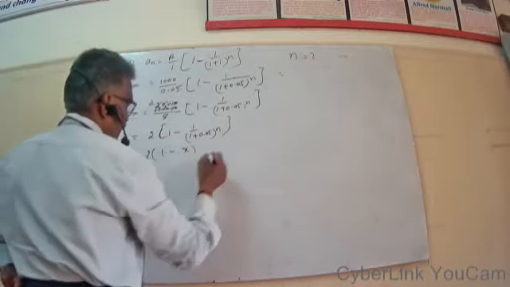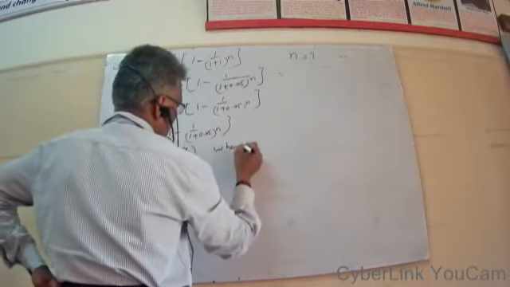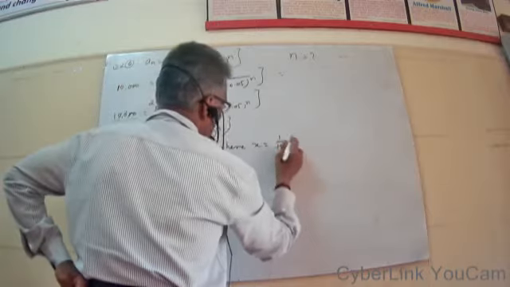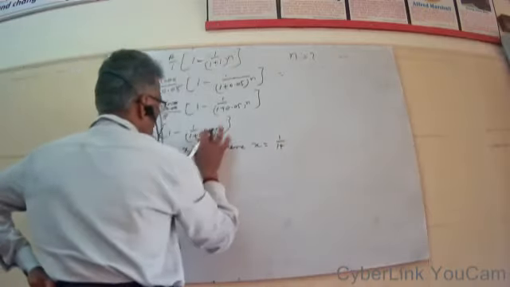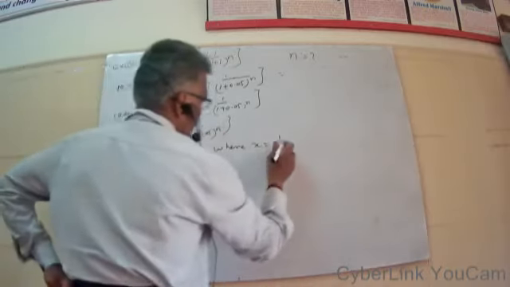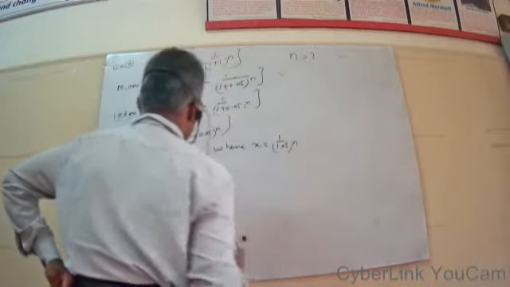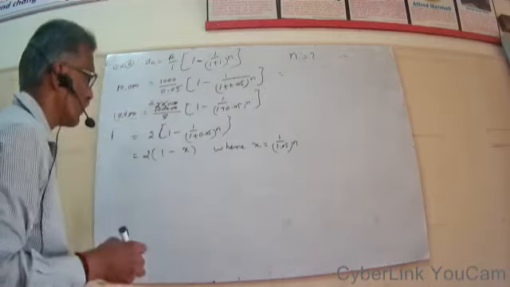Where x equal to 1 upon 1 plus 0.05 raised to n, that is, 1 upon 1.05 raised to n.